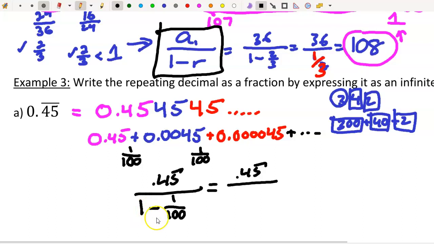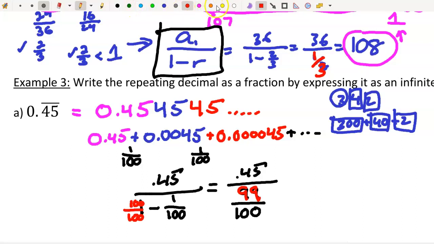So what is 1 minus 1/100? 99 over 100, right? Because 1 is the same as 100 divided by 100, so 100 minus 1 is 99. Then you can solve this.